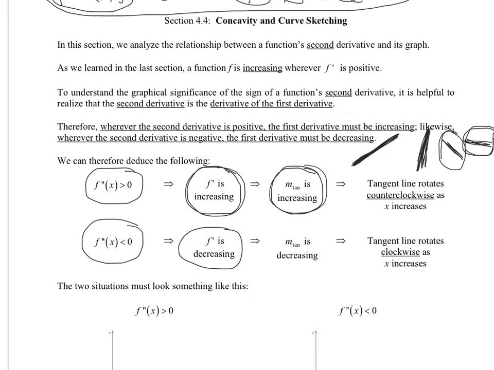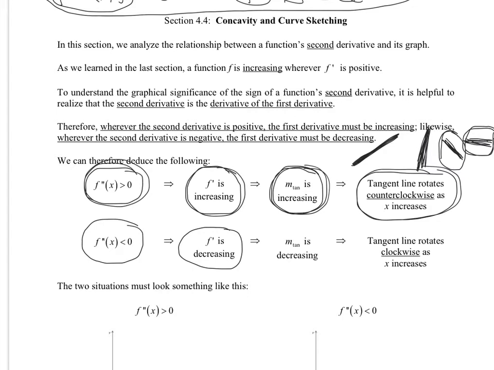And if a line initially has negative slope, you rotate it counterclockwise to increase its slope. So in either case, increasing the slope of the tangent line implies rotating that line counterclockwise.